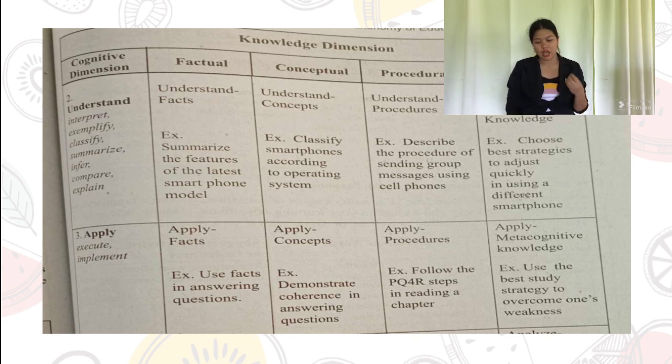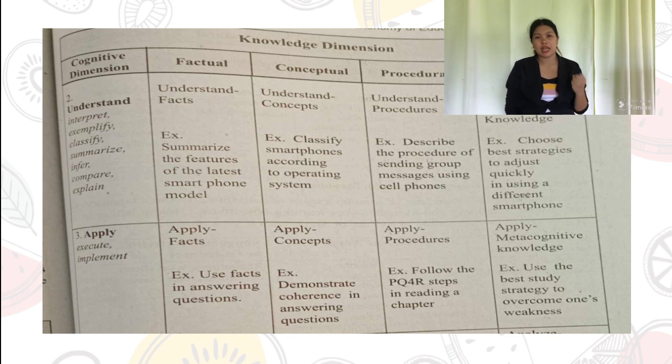And after classifying, they will go to the procedural, which is they will describe or interpret the procedures of sending group messages using cell phones. They will like, oh, this is how we send, or this is how the procedures on how to send messages in the group chat using cell phones.